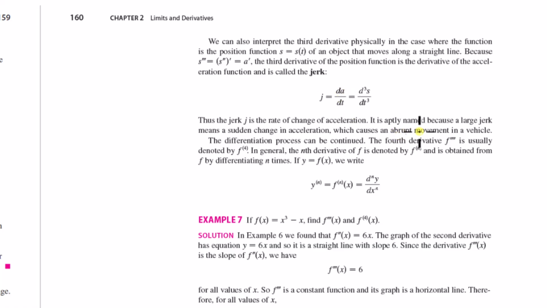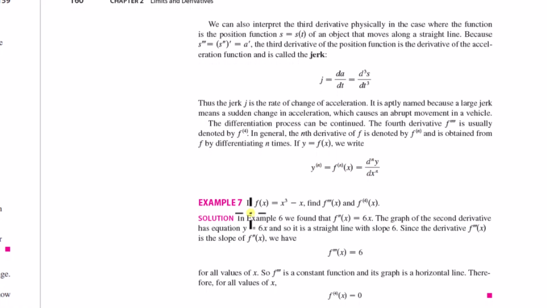It is aptly named because a large jerk means a sudden change in acceleration, which causes an abrupt movement in a vehicle. The differentiation process can be continued with the fourth derivative, the fifth derivative, etc., the nth derivative. And so in general, the notation for the nth derivative is this notation here and this notation here. You just apply the general n superscript where it's needed.